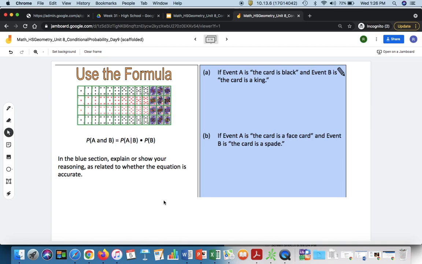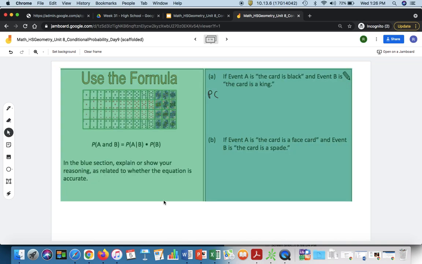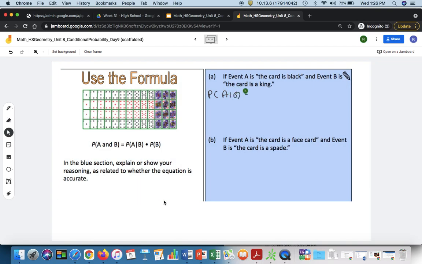So we know that the probability of A given B is going to equal the probability of A and B over the probability of B. So let's start filling in some of these things that we might know. The probability of a card being black, our first event, well, we're going to say that's 1/2, half of the deck is black.